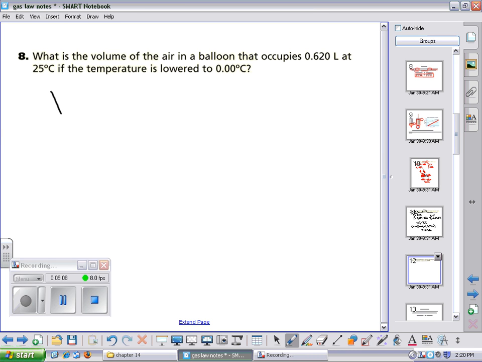So the original volume, 0.620 liters. The temperature, whoops, T1, that's T1, is 25 degrees Celsius. Change to Kelvins is 298.